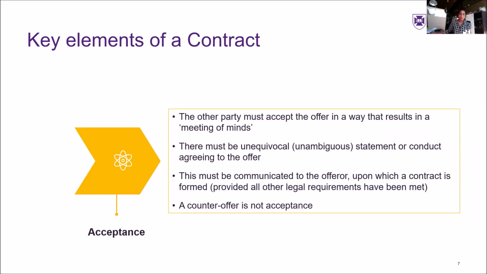Acceptance is termed as a meeting of the minds, but this just means that there is a consensus, where there is an unequivocal or unambiguous statement or conduct that agrees to the offer and can be taken as parties agreeing to the shared terms of a contract. Acceptance has to be communicated to the offeror, and it's upon that communication that a contract is formed, provided all other legal requirements have been met, which we will come to in a second.